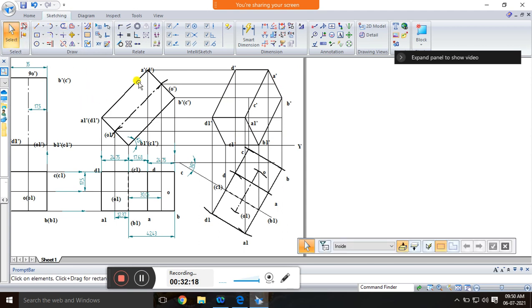And there is a line which is invisible. So D to C dash, there is a line, it is not visible. C to D, there is a line, it is not visible. And similarly C dash to C1 dash, there is a line, it is not visible. So like this you have to mark first visible lines, then invisible lines, and afterwards you have to show the arrow mark like this.